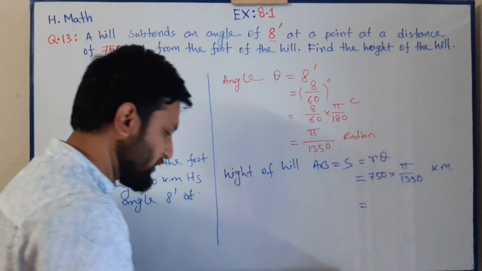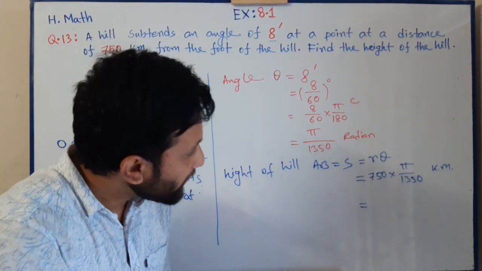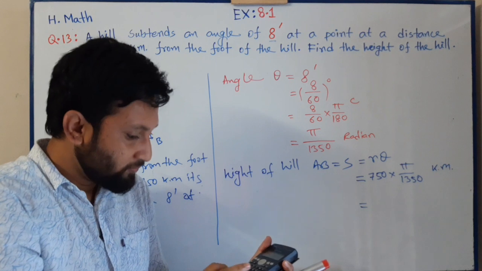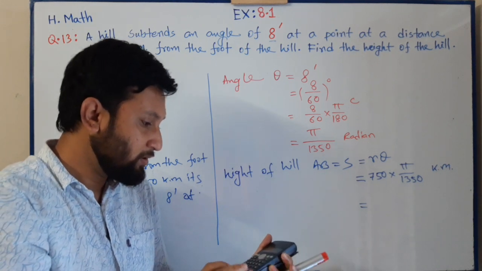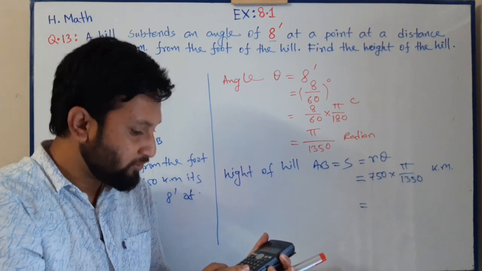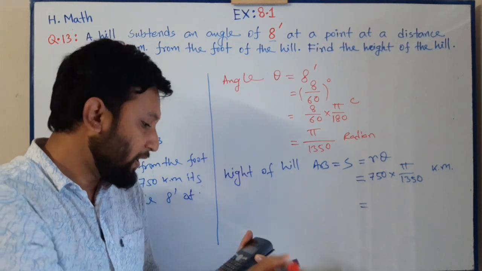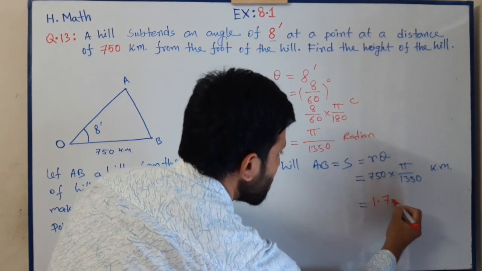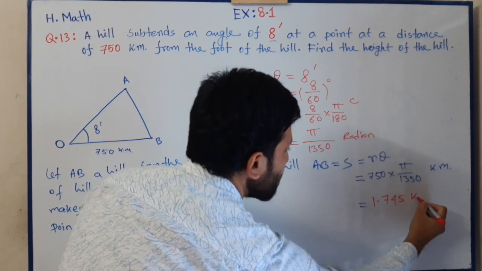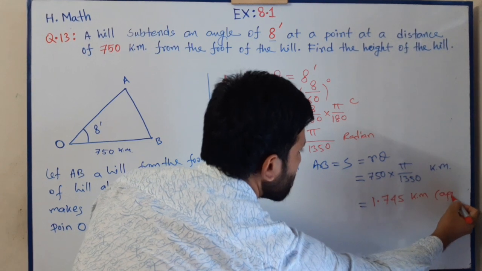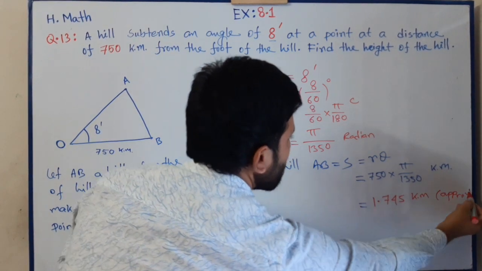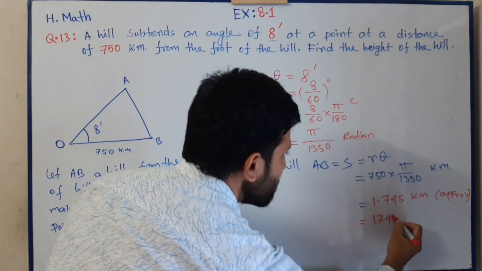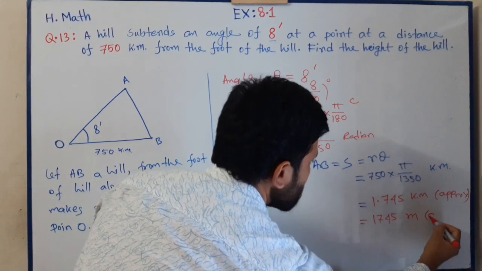Now by using a calculator, 750 pi divided by 1350 is 1.745 kilometer approximately, or we can say 1745 meter.